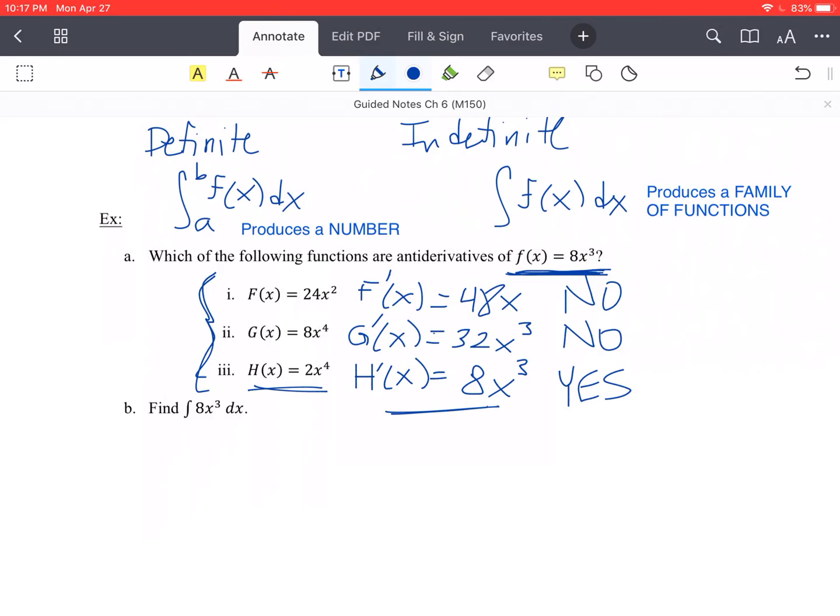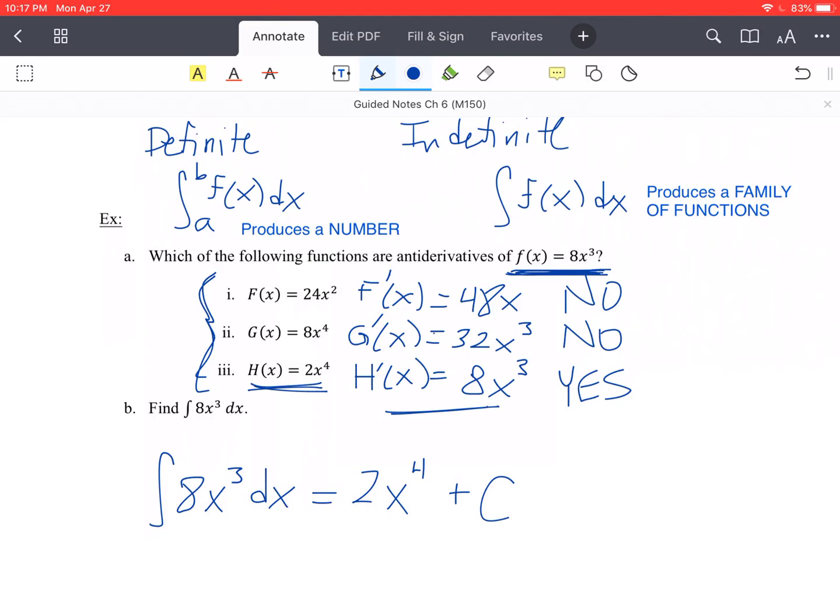Okay, so the antiderivative, or one of the specific antiderivatives of 8x cubed is 2x to the fourth. So to find the integral of 8x cubed dx, that's just our general antiderivative. So that's going to be 2x to the fourth plus c, so plus that arbitrary constant.